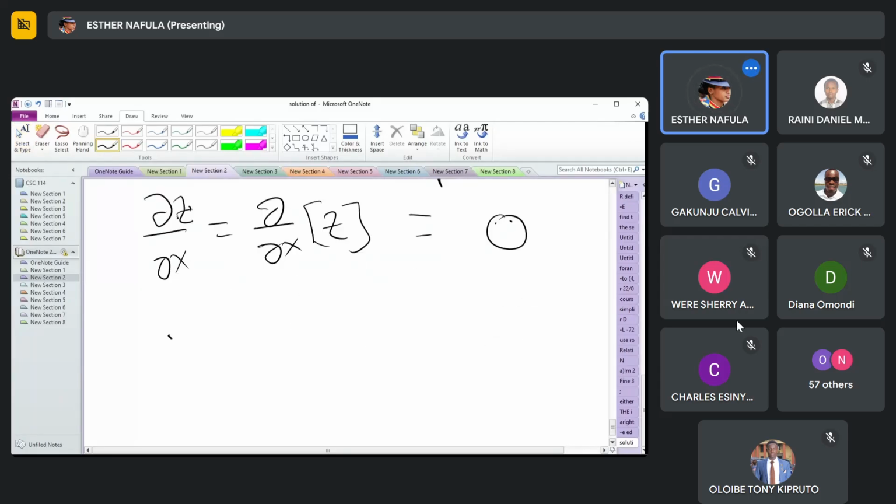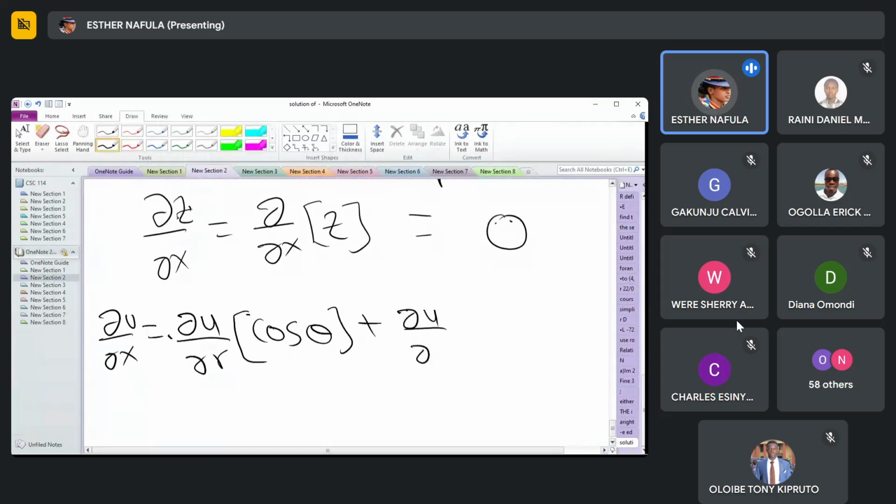Now we are good to write our partial u, partial x in cylindrical coordinates. So partial u, partial x, which is partial u, partial r, times partial r, partial x. We've found our partial r, partial x to be equal to cosine of theta, plus partial u, partial theta, times partial theta, partial x, which is minus sine theta over r, plus partial u, partial z, times partial z, partial x, which is 0.